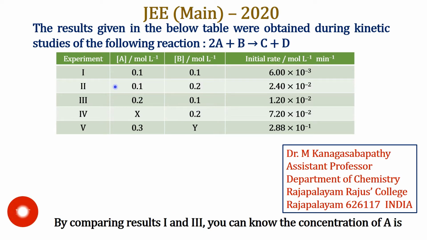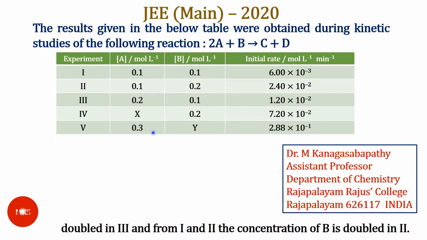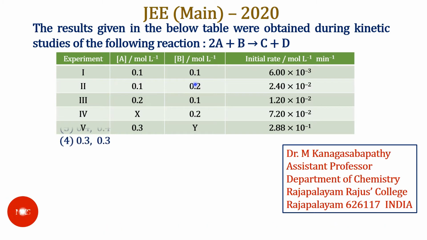By comparing results 1 and 3, the concentration of A is doubled in 3, and from 1 and 2, the concentration of B is doubled in 2.